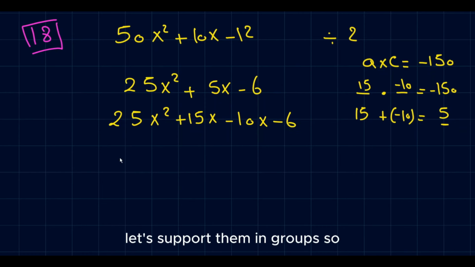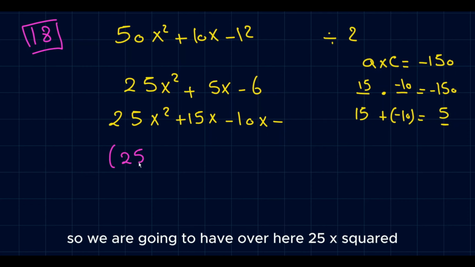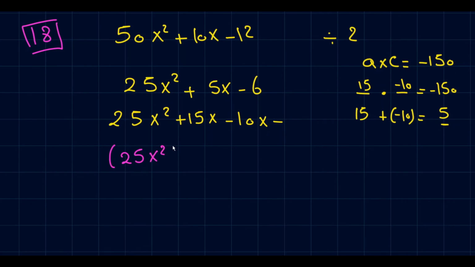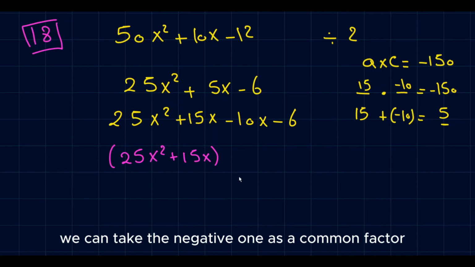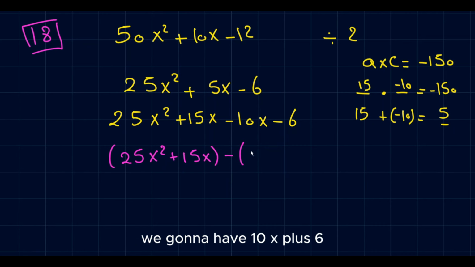Next, let's put them in groups. So this is our first group, and so we are gonna have over here 25x squared plus 15x, and from the second group we can take the negative 1 as a common factor. So we can say negative outside, and inside we're gonna have 10x plus 6, like that.